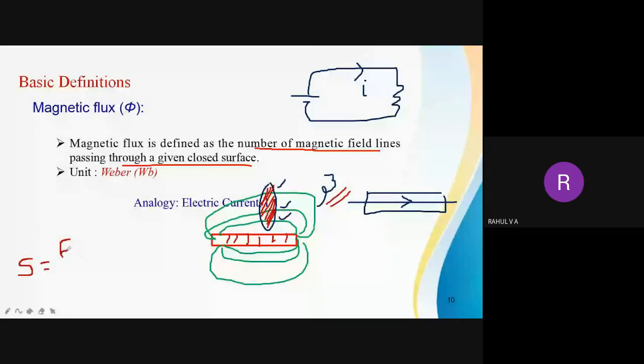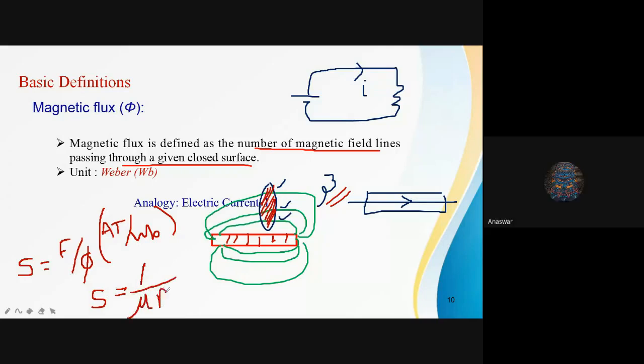And one more equation we have, like R is equal to rho L by A, the equation here is S is equal to L divided by mu A. AT by Weber is the unit.